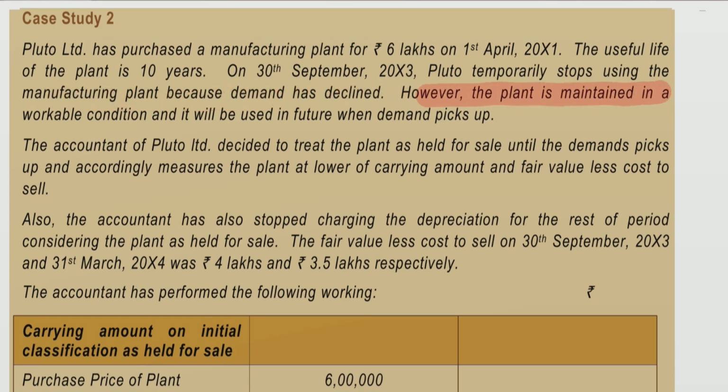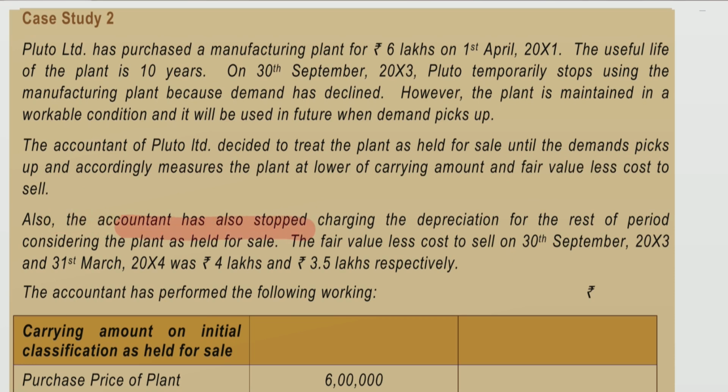However, the plant is maintained in a workable condition and will be used in future when demand picks up. The accountant of Pluto Limited decided to treat the plant as held for sale until the demand picks up and accordingly measures the plant at lower of carrying amount and fair value less cost to sell.